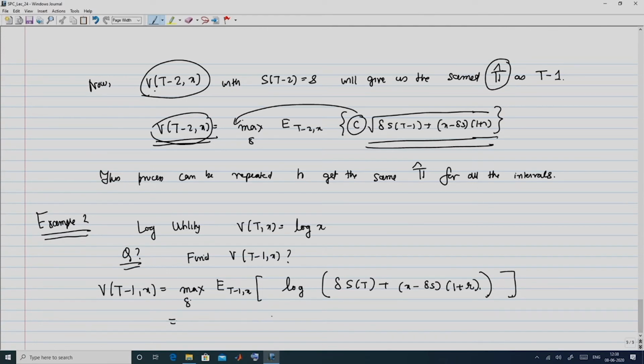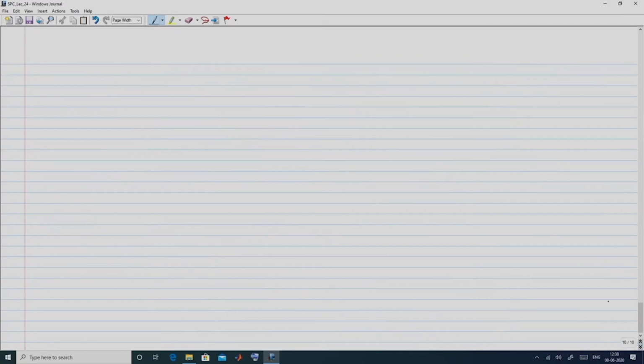This expected value can now be written as p log of delta s u tilde plus x into 1 plus r, plus q log of delta s d tilde plus x into 1 plus r, and I take the maximization of this over delta.